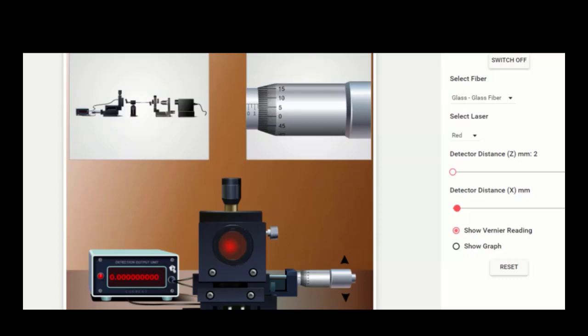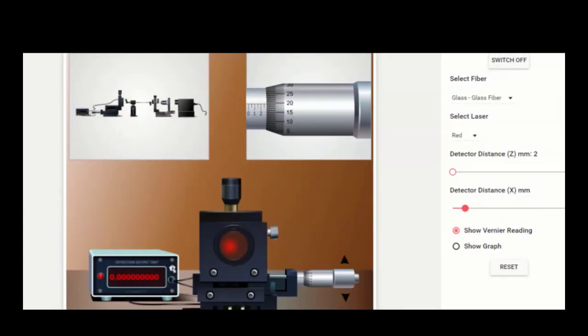Then again, when 0 comes, it means it has again moved 0.5 millimeter. In this way you will move this circular scale with 0.5 millimeter step size, and you will see when you are increasing this by 0.5 millimeter.